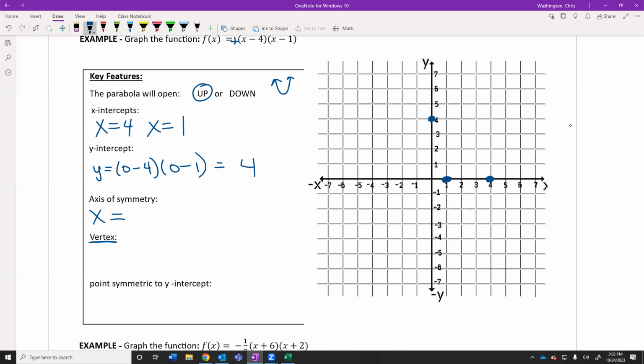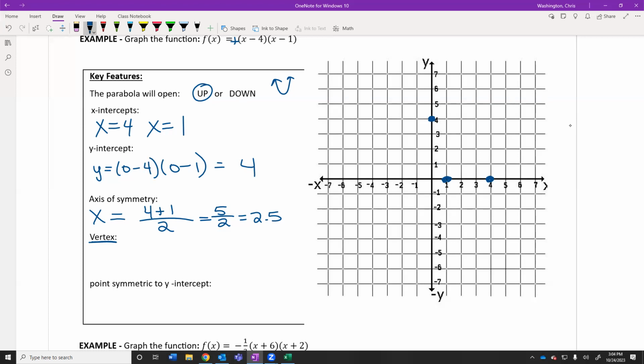So the axis of symmetry, we can just average the x-intercepts together. And it's okay if you get a fraction. It's okay if you get a decimal. 4 plus 1 is 5. And 5 divided by 2 is just 5 over 2, which as a decimal would be 2.5.